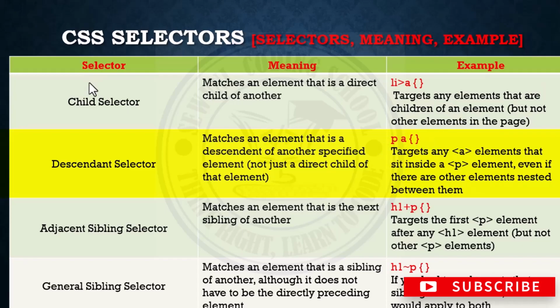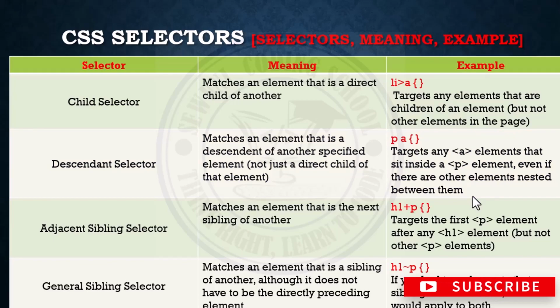For the child rule, it is a direct child of the selector, but in descendant, it is not necessarily direct. So this P A targets any anchor element that sits in a paragraph element, even if there are other elements nested between them.